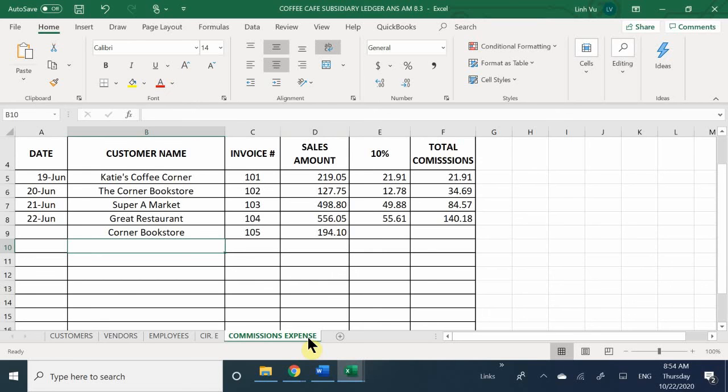It's Katie's Coffee Corner. This is just us putting a purchase order in. We're not delivering it. We just noted it on his account so he can get commission when it is sold.